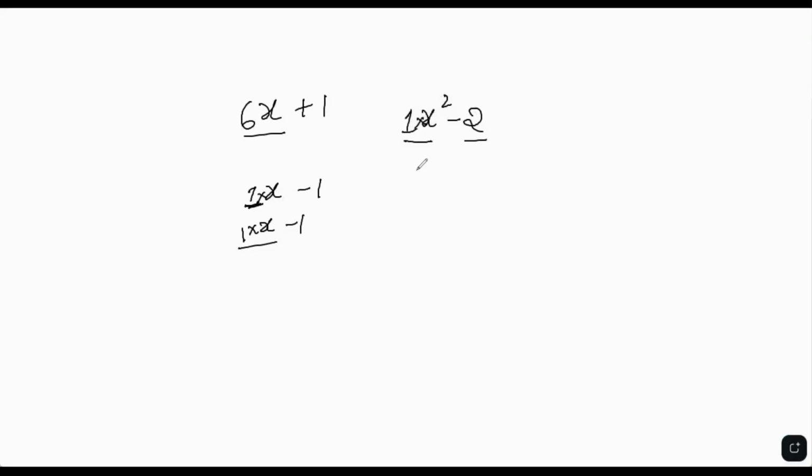So if nothing is there, we have to consider it as 1 because 1 times of x square is x square only, right? So if there is no number beside the x square, we should consider it as 1. So you know some basics, I guess.